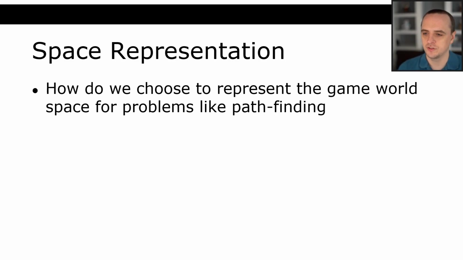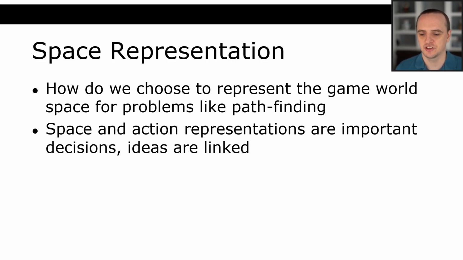I'm going to be talking in terms of pathfinding today, but the problem that you're attempting to solve doesn't necessarily have to be pathfinding. It's just that pathfinding is sort of this canonical example for video games, probably the most important example, but you could also use all of this knowledge for things like combat or strategy in a game as well. It doesn't have to be used strictly for pathfinding.